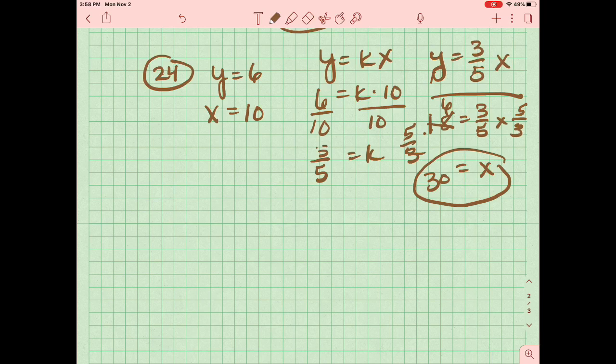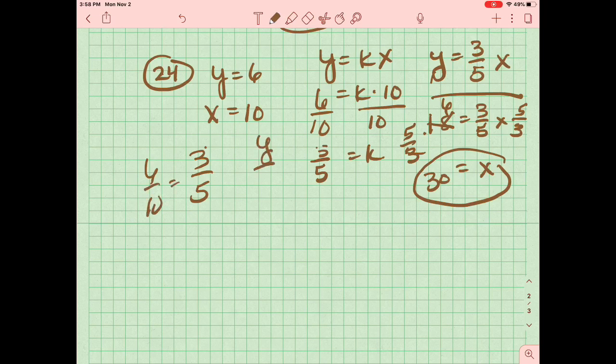And very often, the only thing you need to do is plug it in the way I've been doing. You can also put the y over the x. Let's see if that would have worked in the last one. Yeah, definitely. 6 over 10 equals that.